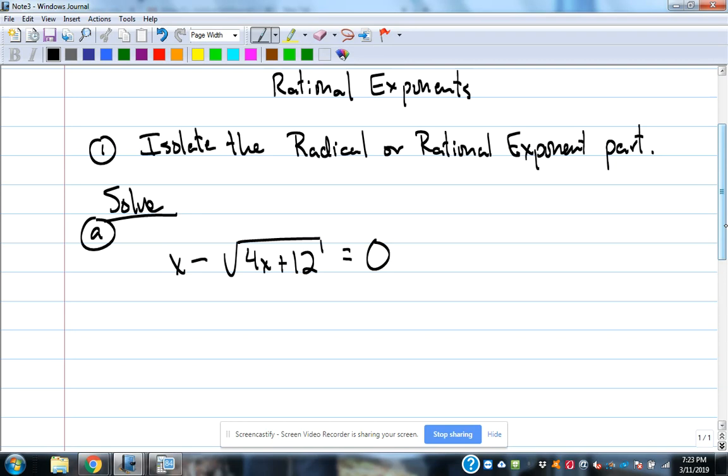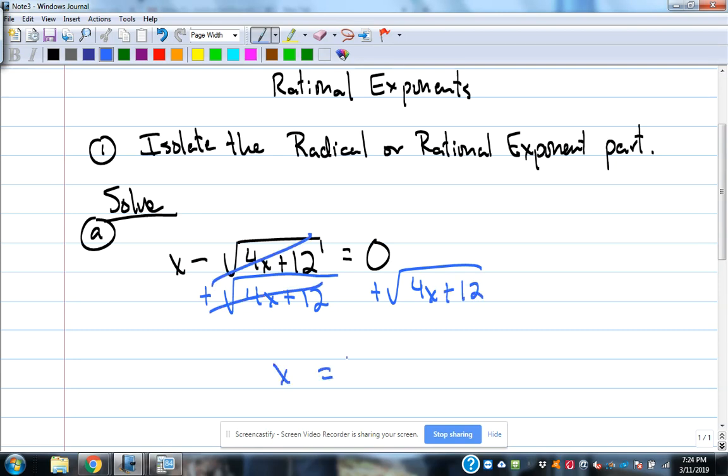Okay. We have two options. We can either move this x and then get rid of the negative, or we can just get rid of the negative by moving this entire piece here. Works the same. It mathematically is equivalent. One takes 2 steps, the other takes 1. I'm going to take the 1-step approach because they're subtracting this piece. If I add it back to both sides, it's going to cancel it out right there, and that's going to leave me x.